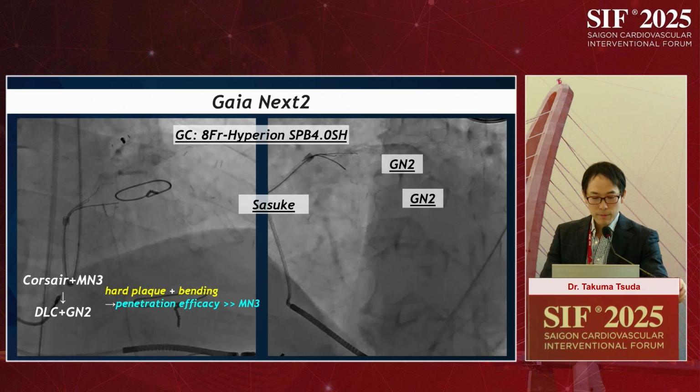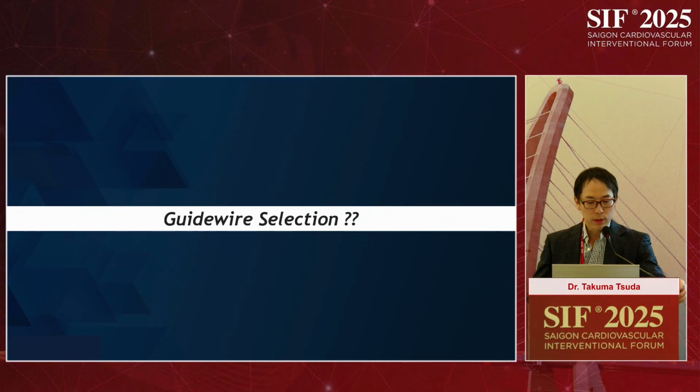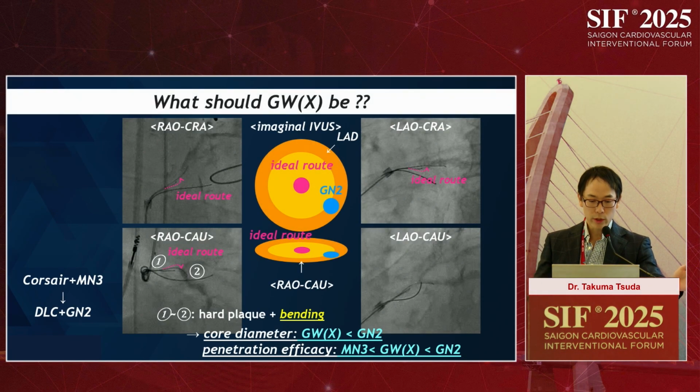In this case, IVUS guidance is one option, but in terms of the parallel wire technique, what should we do? Select guide wire X as the next. Imagine the IVUS is in this kind of location: compared to the true lumen, Gaia Next is inside on the myocardium side.